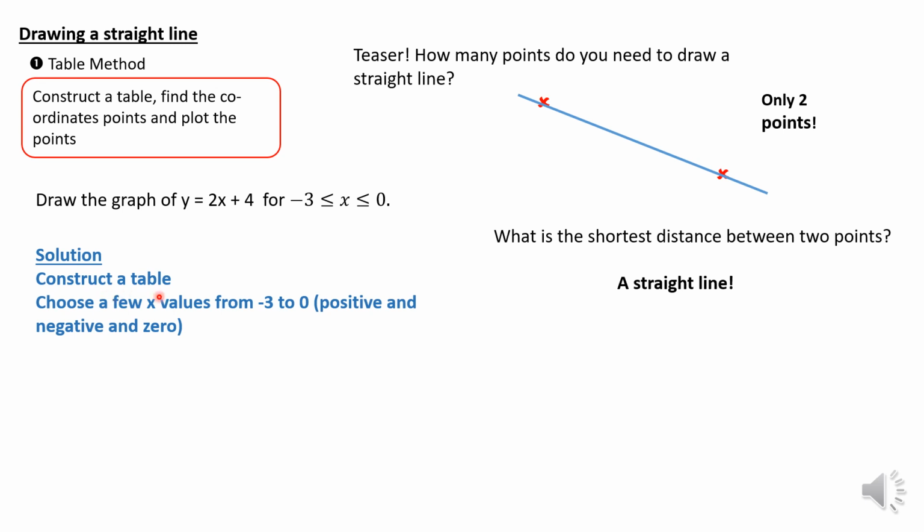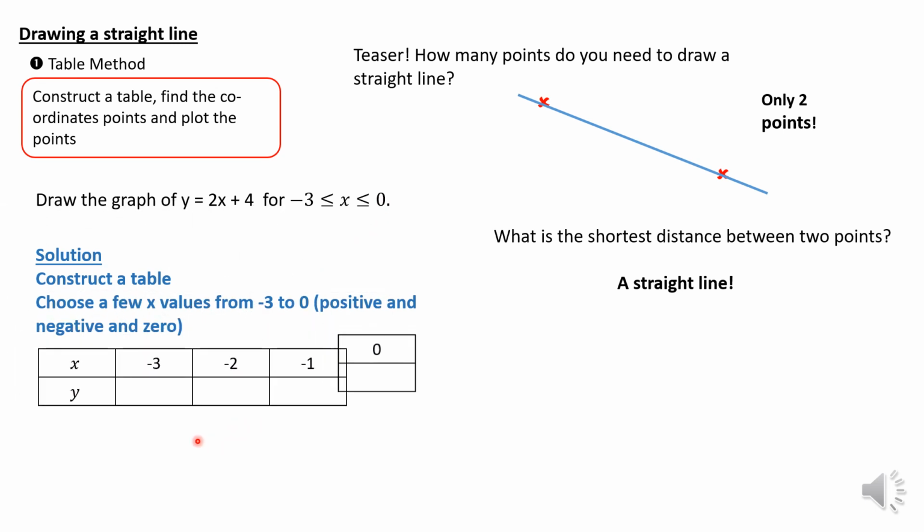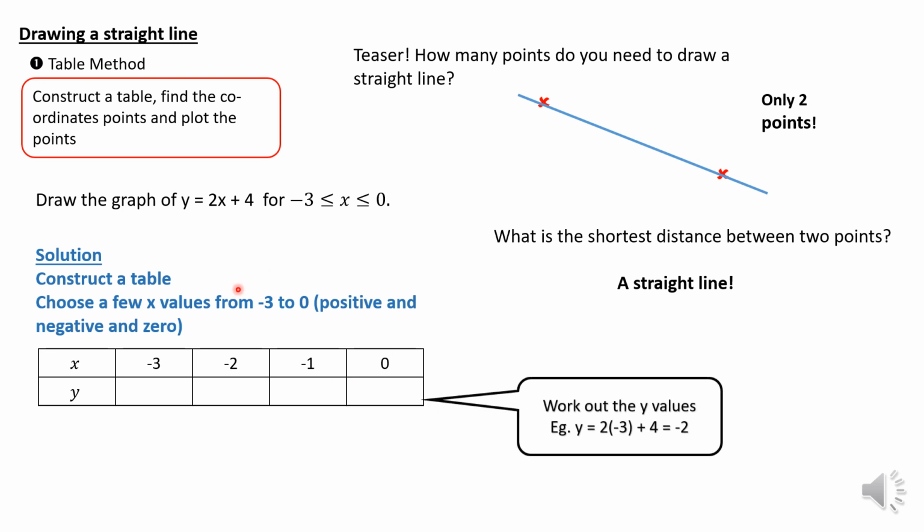We're going to construct a table, and then we're going to choose a few values of x from -3 to 0. So in our table, I'm going to pick the values of x as -3, -2, -1, and 0. Now I'm going to find the corresponding values for y. So let me take one, for example.